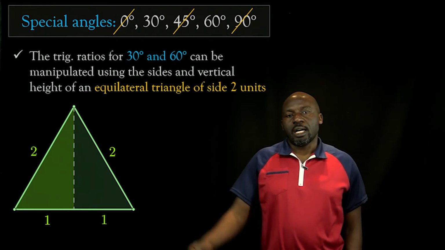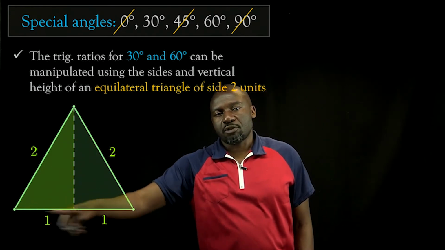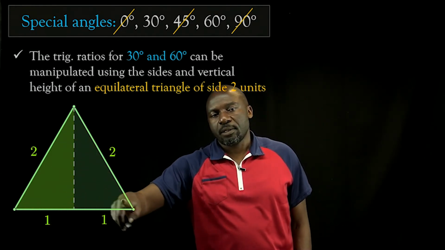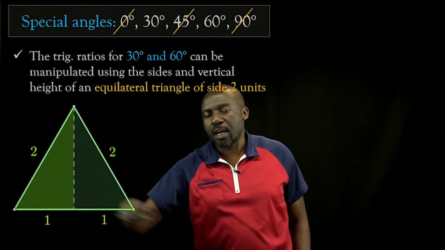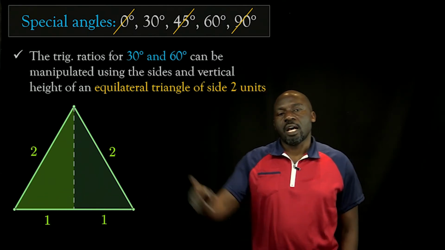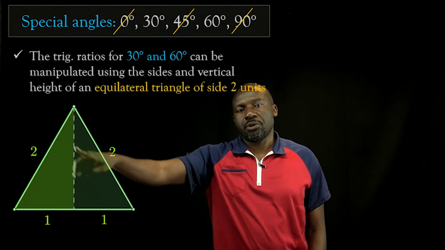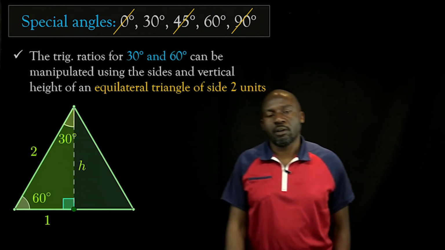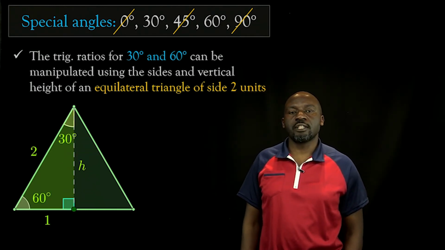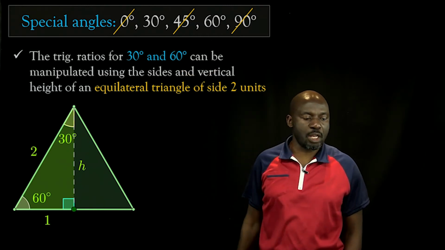Because this is an equilateral triangle, the angles are 60 degrees, and because the top is being split into 2, that makes this 30 degrees. So we have 60 degrees and 30 degrees just as we wish to have.